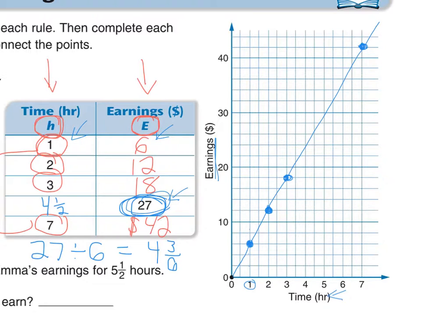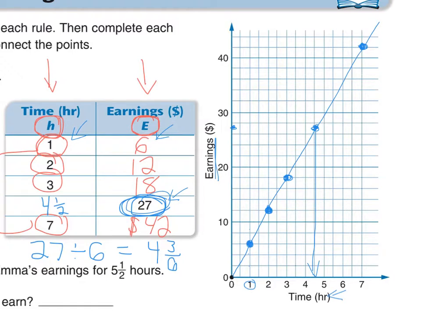If I look at 27 earnings, it would be about here on my line. And you see that that ends up falling at 4.5, which is what we found for the time. So you can use the graph as well to help you solve some of the problems in the table. It works both ways.